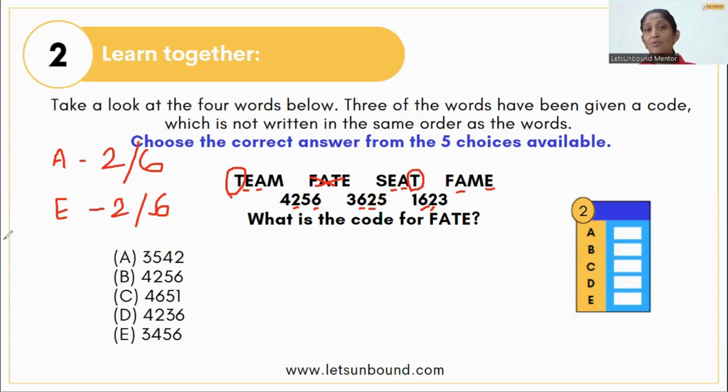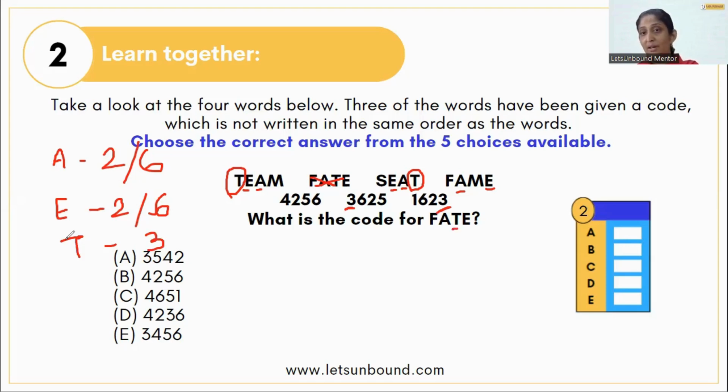Out of the 3 number codes that are given, we need to find the starting and the ending number which is same. Here we see that this is the starting number and this is the ending number, which is same. So that indicates T is 3. So the code for T is 3.